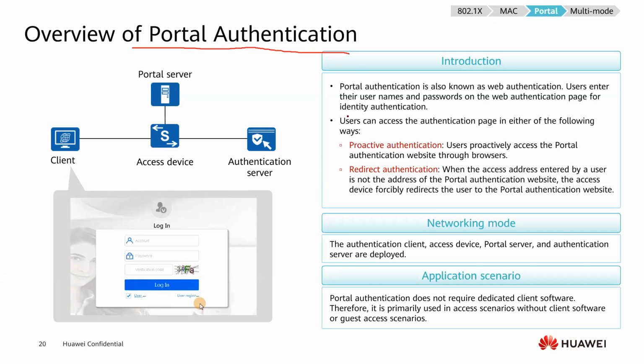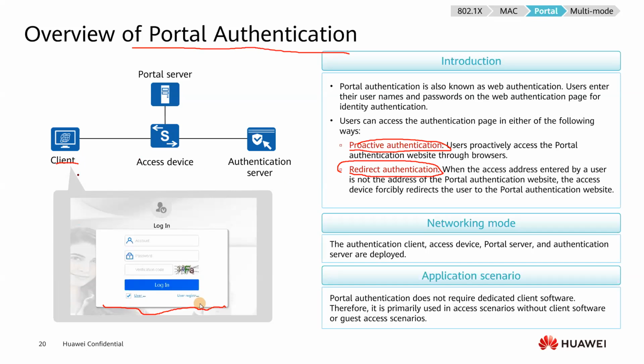There are also two kinds of modes for this kind of authentication. One is proactive authentication. This means the user proactively accesses the portal authentication website through a browser, so the client directly connects to the authentication web page, enters the username and password, and goes through the portal authentication process. Another is redirect authentication, like the scenario I introduced just now.